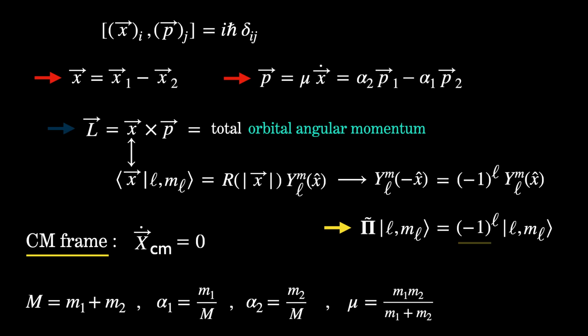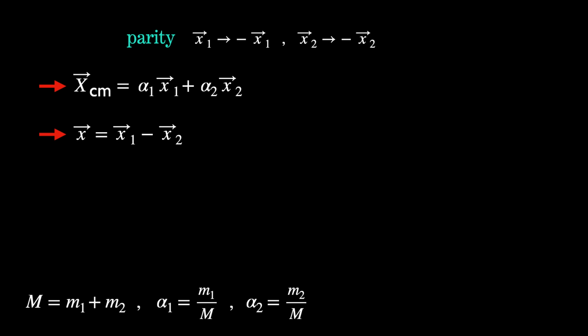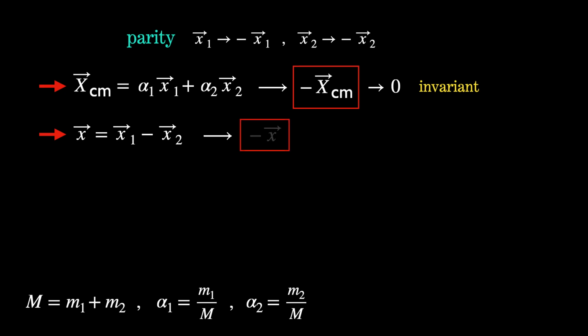The quantum numbers L in the orbital parities thus correspond to the relative angular momentum of the two-particle system. We can deduce the effect of parity transformation on x and x_cm from the transformation of the original variables. x_cm is invariant in the center of mass frame, while x transforms under parity in the usual way by a minus sign.